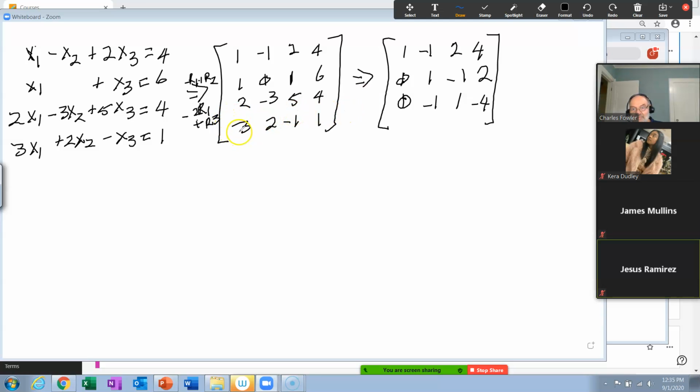And then we want this to be a 0, so minus 3 times row 1 plus row 4. Alright, that would be a 0 here. Minus 3 times minus 1 is plus 3, and 2 is 5. Minus 3 times 2 is minus 6, minus 1 is negative 7.